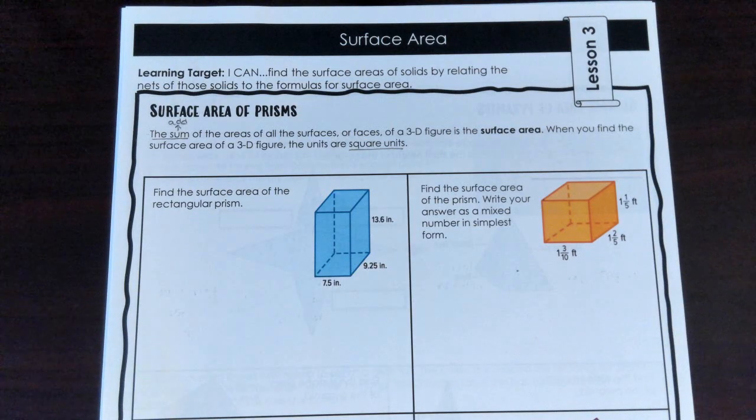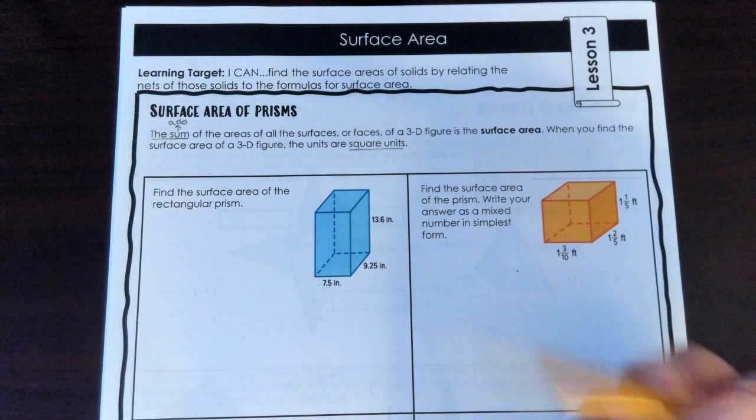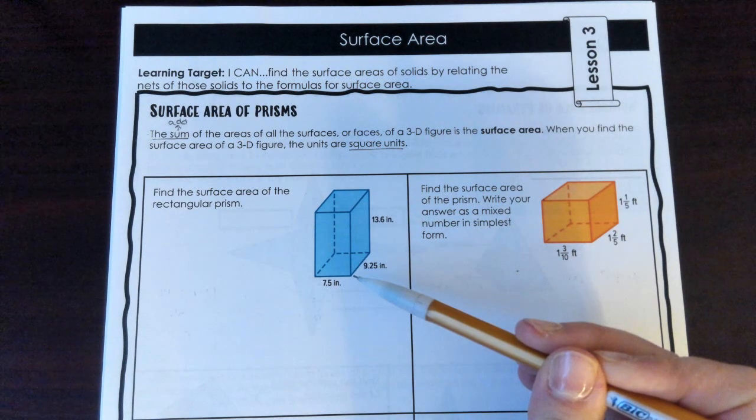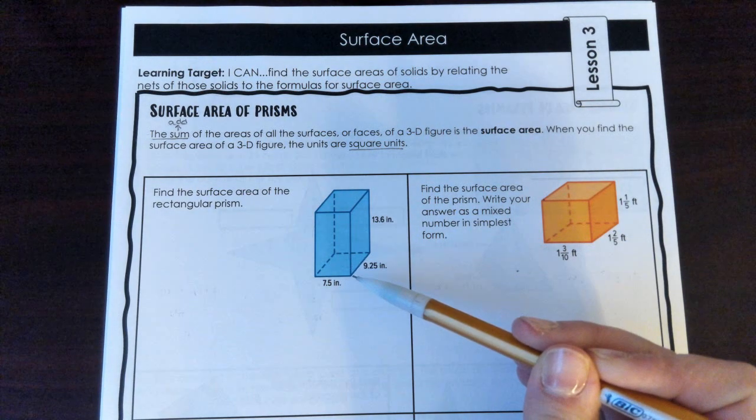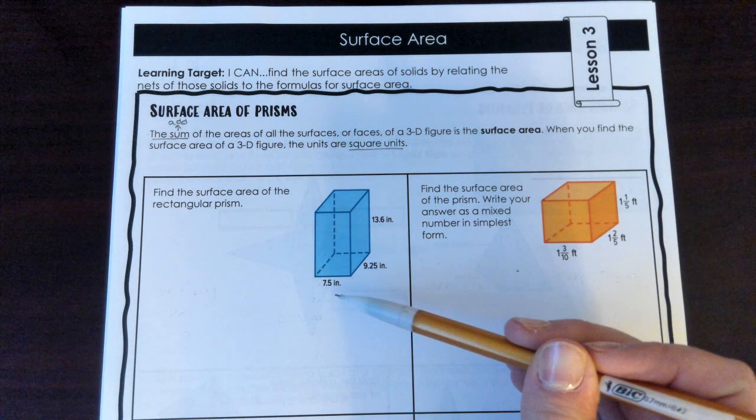So we see the top and the bottom here, and all of these here are rectangles. You name the figure based off of the base. So this is a rectangular prism.